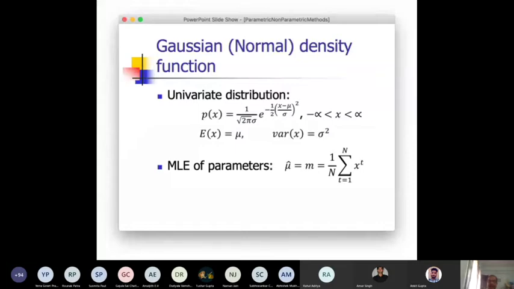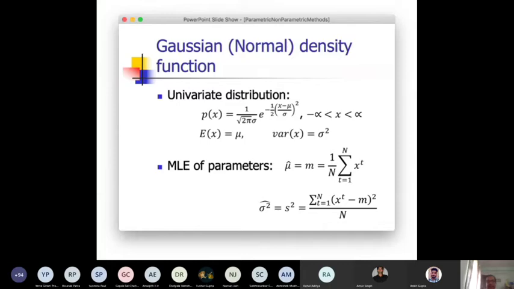But the expression remains similar to Bernoulli also. The expectation of that distribution, that is the interpretation of the parameter mu, is once again the average of the samples. That is very interesting. It has a uniform framework.